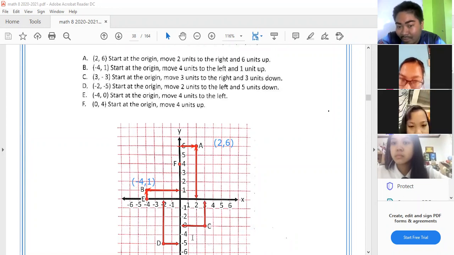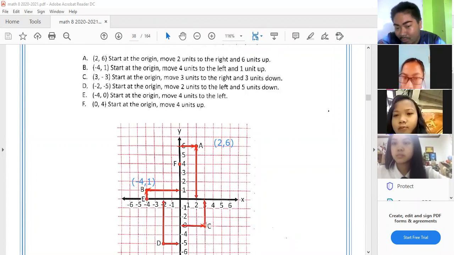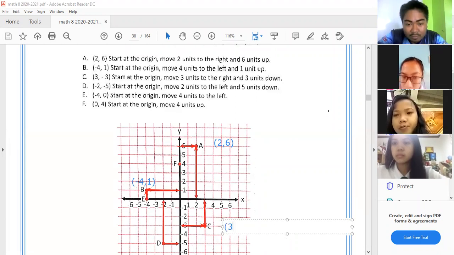Is it nandito sa taas or nasa baba? Baba po. Therefore, andito ka. Then, itatapat mo naman ngayon si negative 3. So, starting from there, pababa. So, yung point na gawa nila, that's letter C, which is (3, -3).